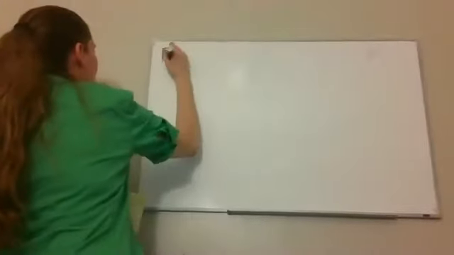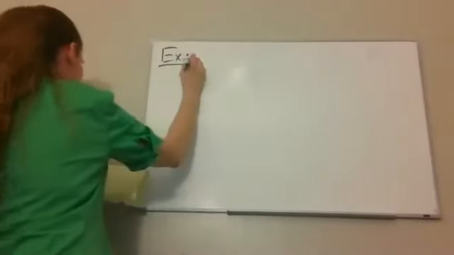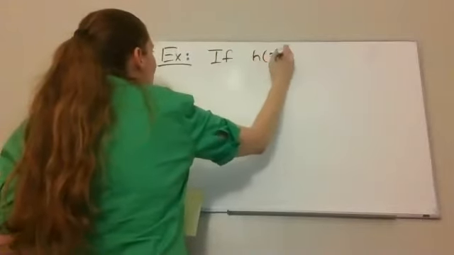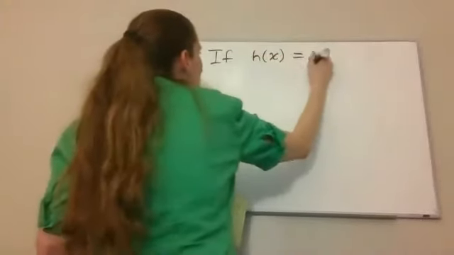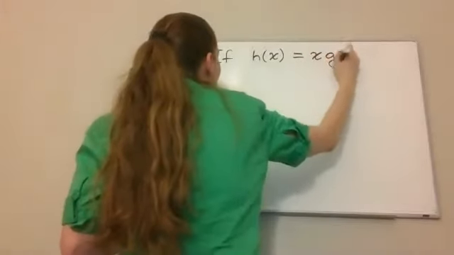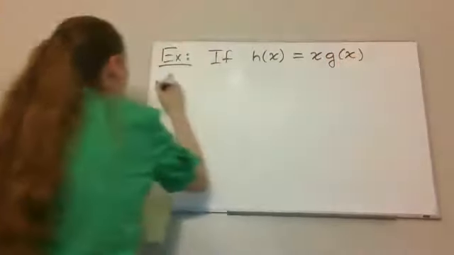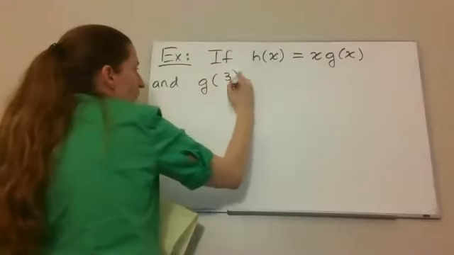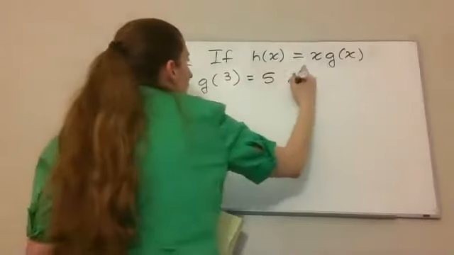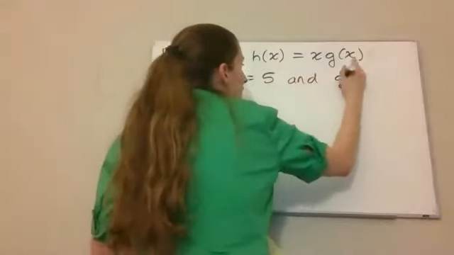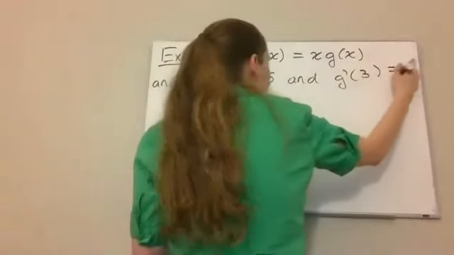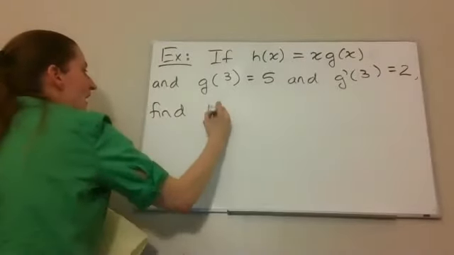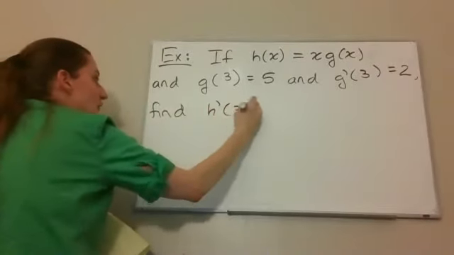So in our next example, if h of x is equal to x times g of x, and g of 3 equals 5, and g prime of 3 equals 2, find h prime of 3.